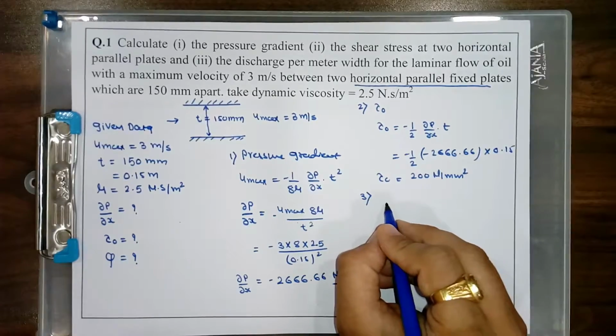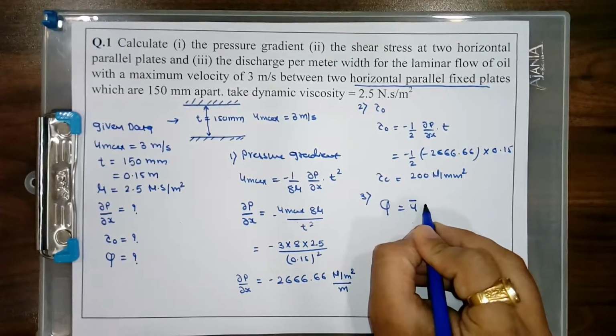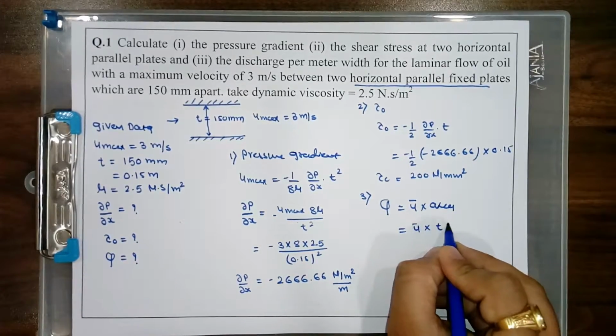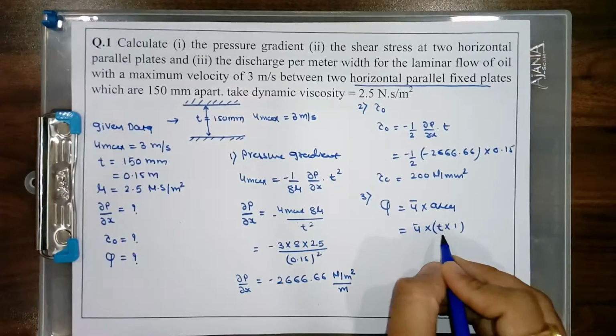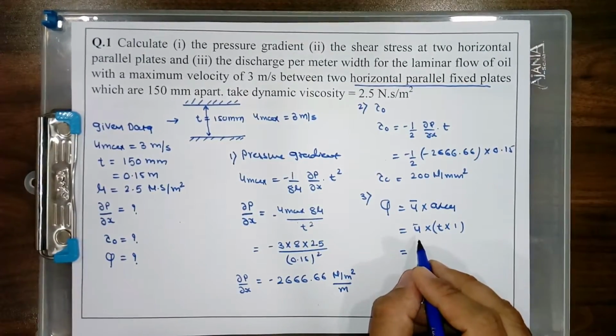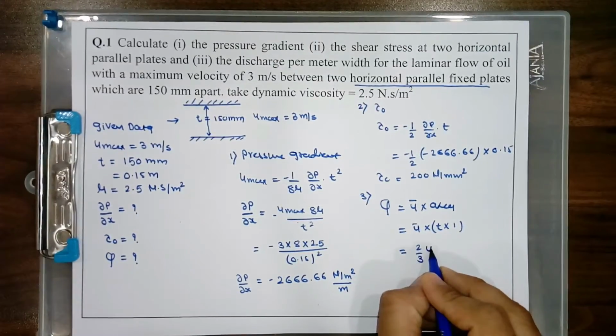Now students, after calculation of shear stress, we are calculating the discharge rate. Q, discharge, which is equal to the average velocity into the area. So U bar into T into 1, because we are finding the discharge per unit width. We know U bar has the value of 2 by 3 of U max.